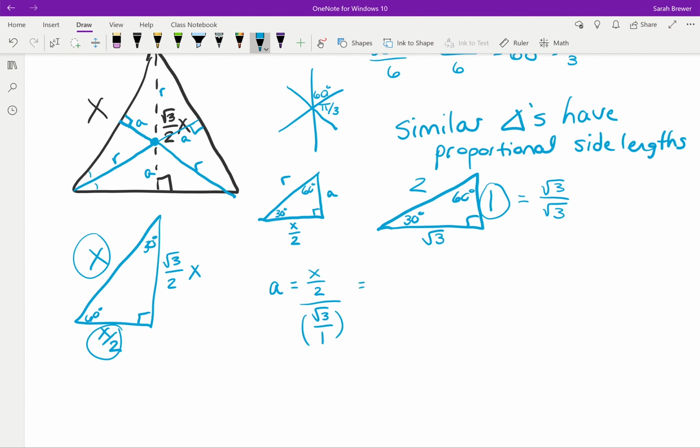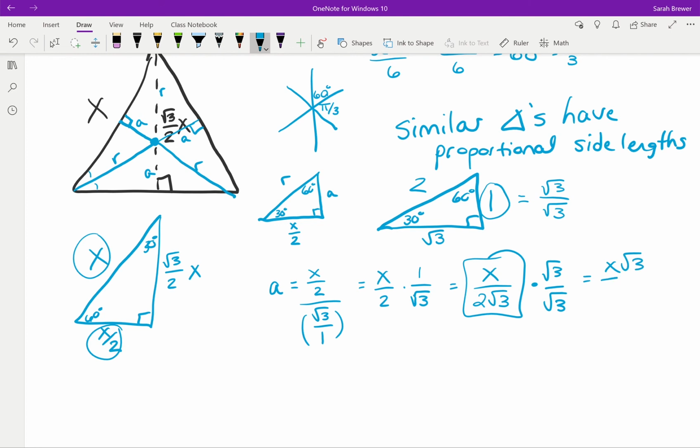And dividing by a fraction is the same as multiplying by its reciprocal. So we could think of this as x over 2 times root 3, which is perfectly acceptable. Or we could rationalize that by multiplying by root 3 over root 3, which would give us x root 3.